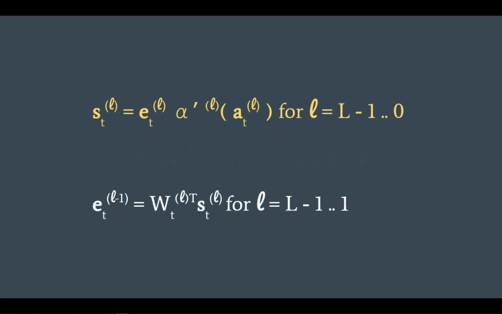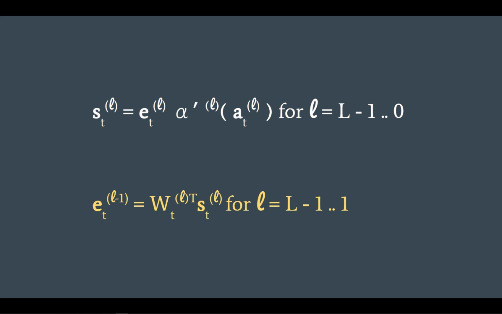Starting with the last layer of the neural network, using the error array calculated in Step 2, the signal array, denoted by S superscript L, is calculated by multiplying the previously computed error array for the layer by the derivative of the activation function for the layer using the output array of the layer as parameter.